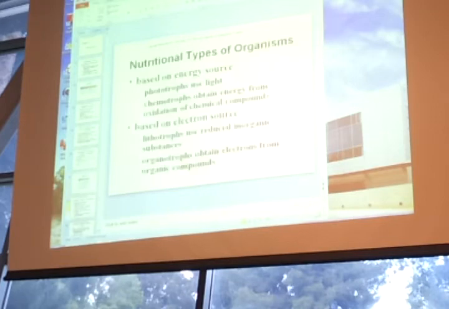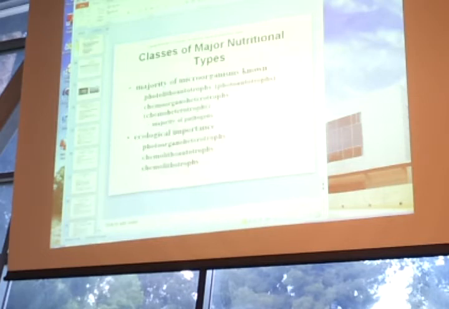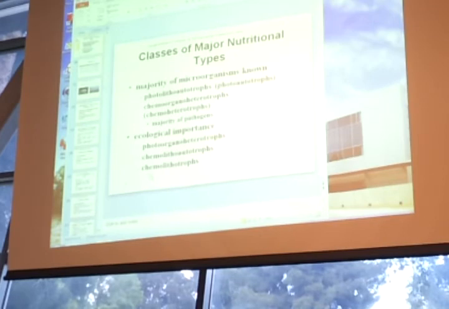But with bacteria, they can be kind of all mixed up. So you want to just reacquaint yourself with those terms. Photo, organo, heterotrophs, chemo, litho, autotrophs. Just because there's that much diversity that you see in the bacteria. You know what I'm talking about, right?